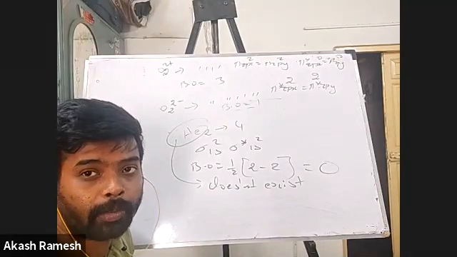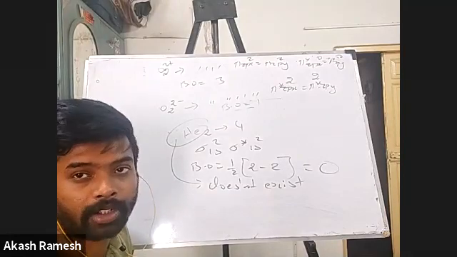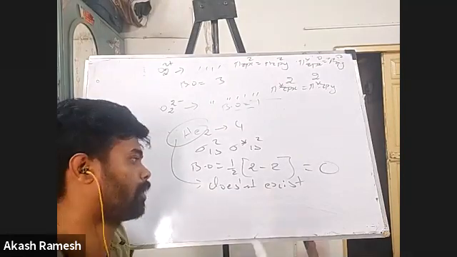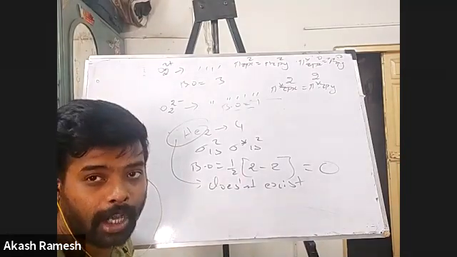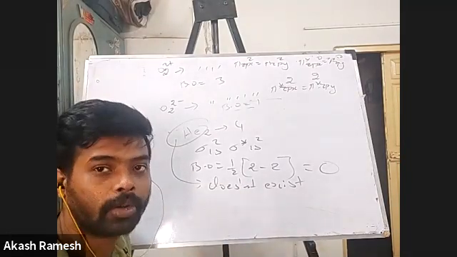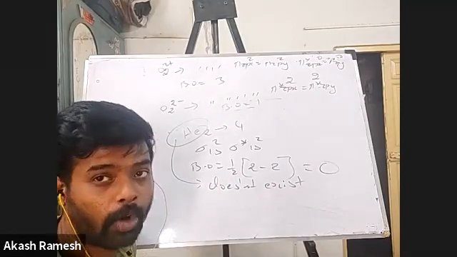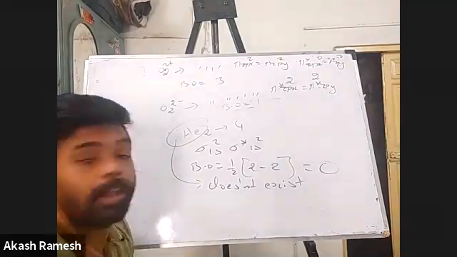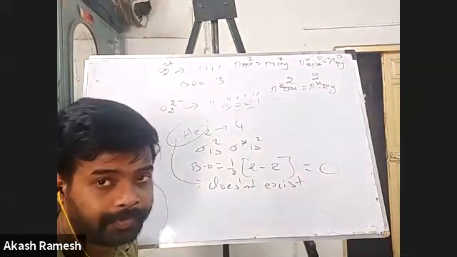Whenever you find bond order to be 0, there is no existence of that molecule. Because I know bond order talks about the number of bonds. If the number of bonds is 0, that is understood as no bonds, so the molecule doesn't exist.